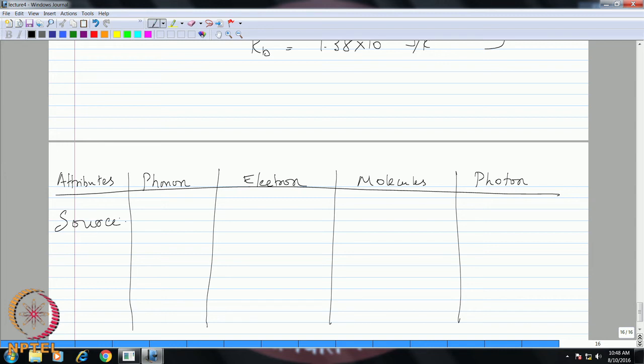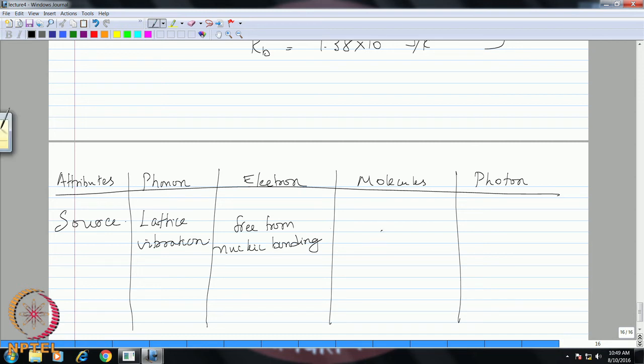What about phonon? Lattice vibration. Electrons from the nuclei. They are basically freed from the nucleus. These are free electrons here, free from nuclear bonding. Molecules are molecules in a medium, liquid or gas.